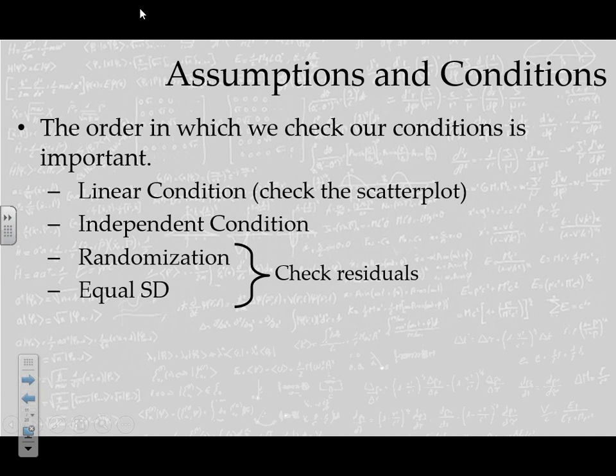Now, be aware that in order for it to calculate residuals, you will have had to put in your regression line into your calculator. So you would actually have to use list 1, list 2. You'd have to run your linreg ax plus b function. So let's review that.